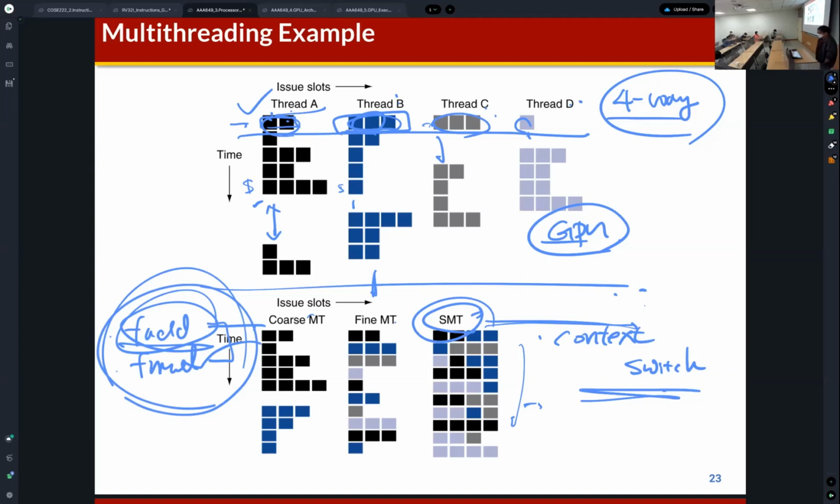If this latency is around 5 or 6 cycles, we can find available instructions from other threads. That is the advantage of fine-grained multi-threading. I mentioned that GPUs employ fine-grained multi-threading because of this issue.